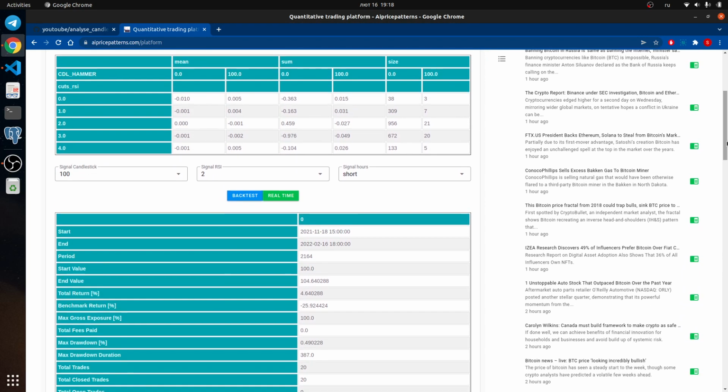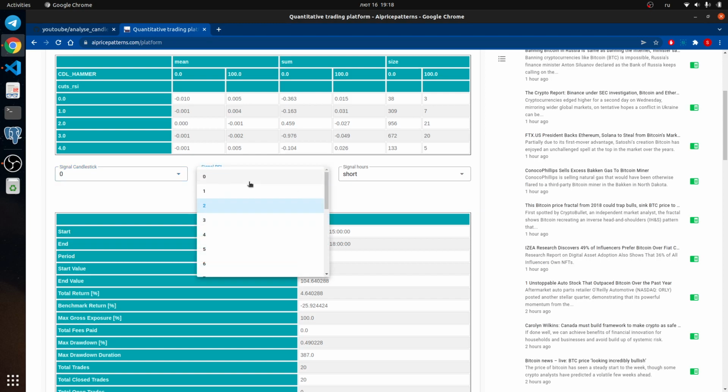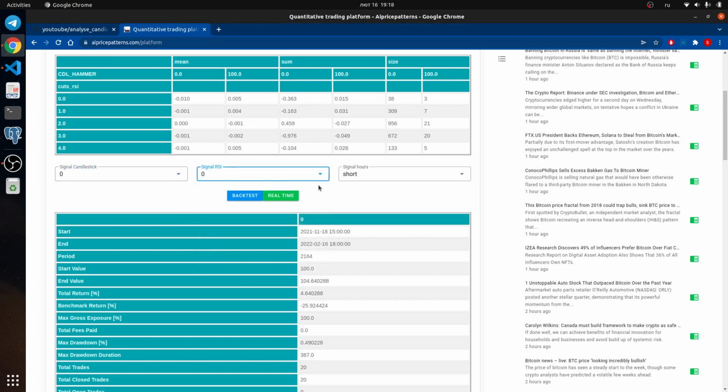Let's analyze the situation. For example, 0 and RCI is also 0, and we have a negative value and we need to short the situation. Let's backtest.